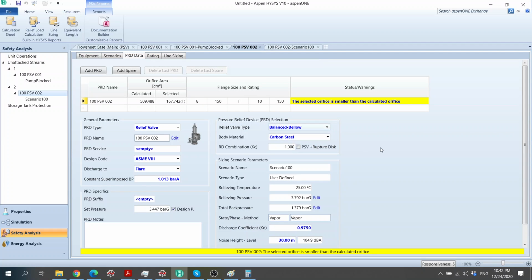It's a balance below. Smaller. Yeah, we know it's smaller, but we don't have it, so we need to have like 3. We need to have 3.